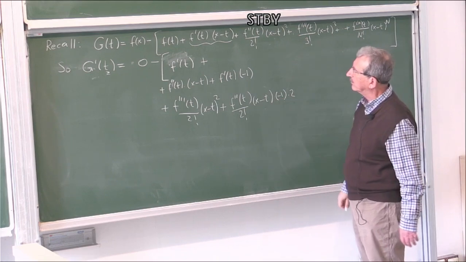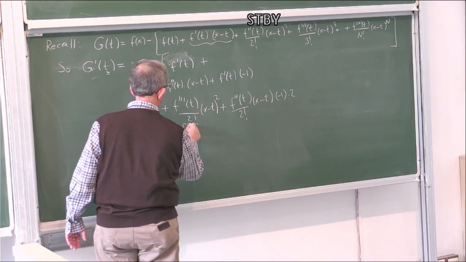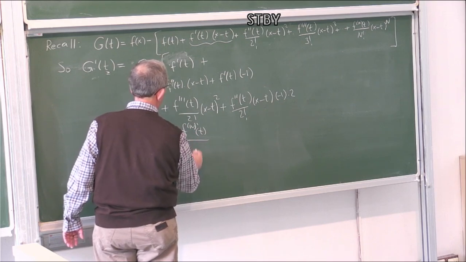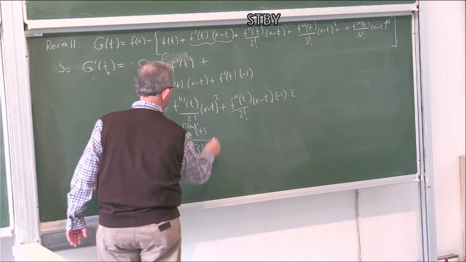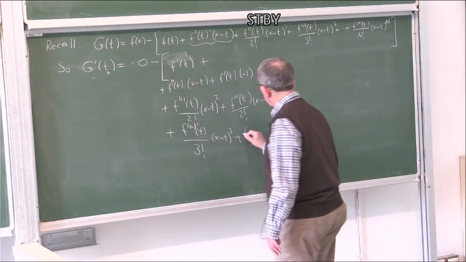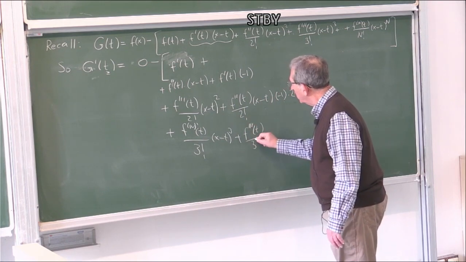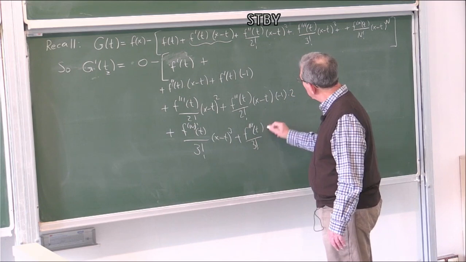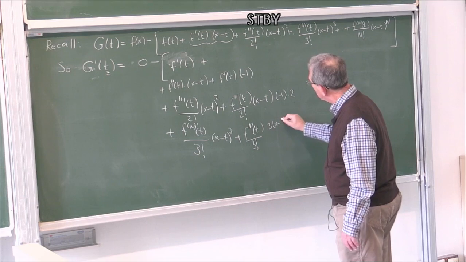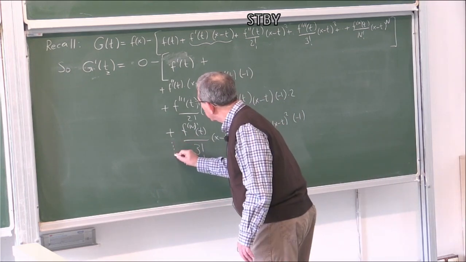times minus 1. And for the third one, similarly, we have the fourth derivative at t over 3 factorial times (x minus t) cubed plus the third derivative divided by 3 factorial. We have here (x minus t) cubed, so it is 3(x minus t) squared times minus 1, and it continues like that.